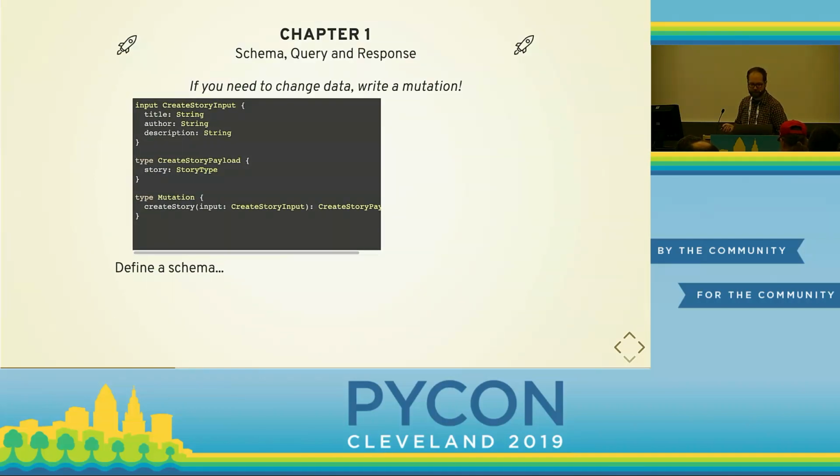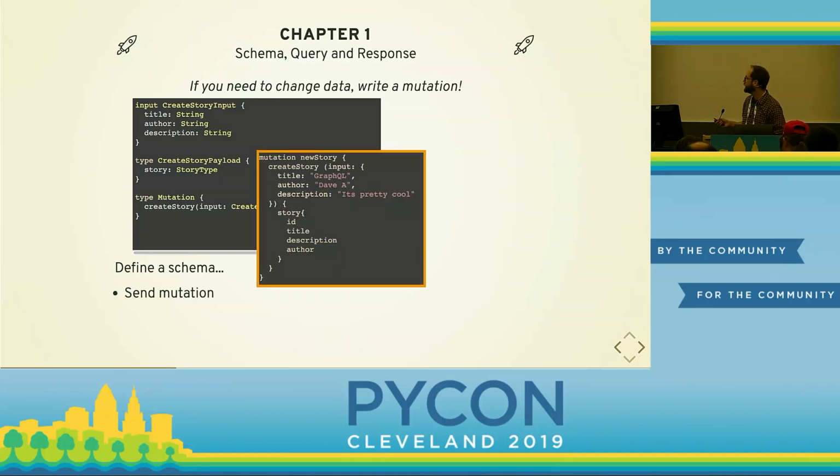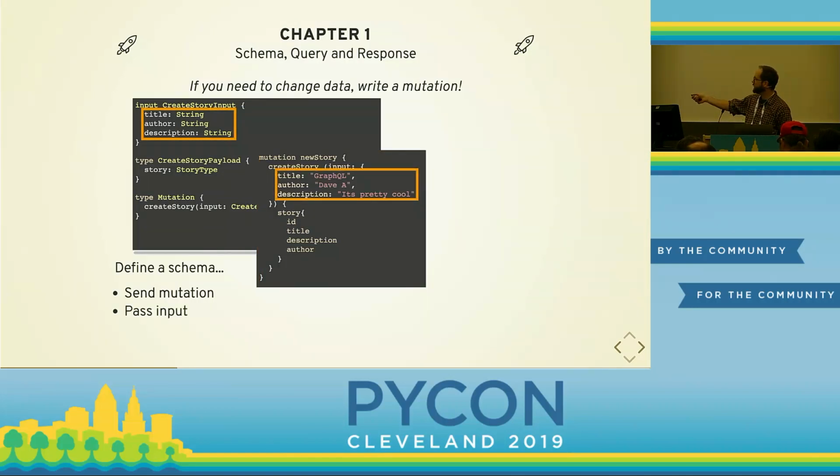So if we need to change data, we can write a mutation. In REST, we might write a put or delete or patch. In GraphQL, it's only a mutation. In this case, we still define a schema. We send the mutation, which looks very similar to the query, except we have a mutation keyword instead of a query keyword. We pass some input variables in our arguments.